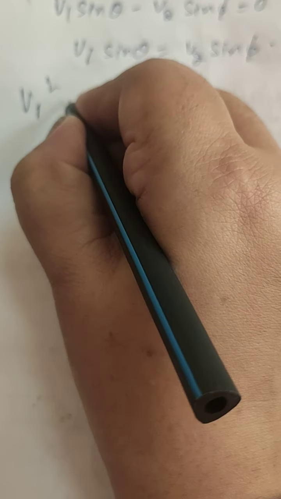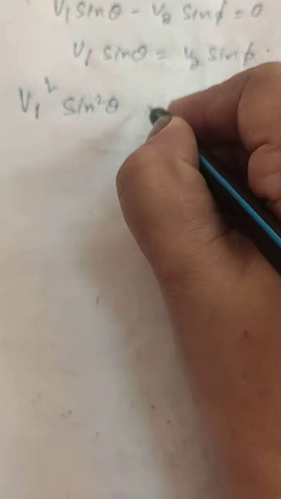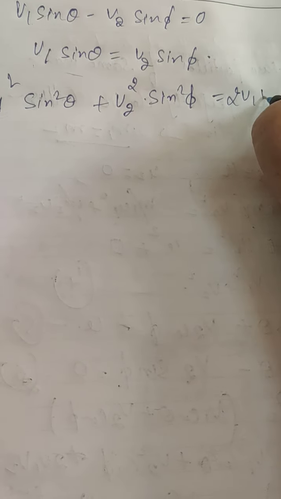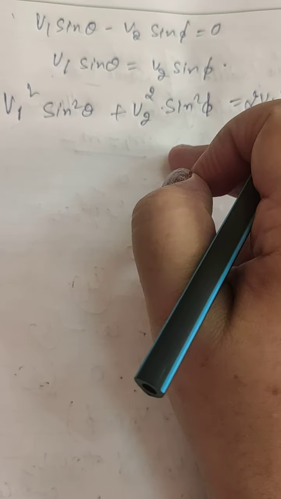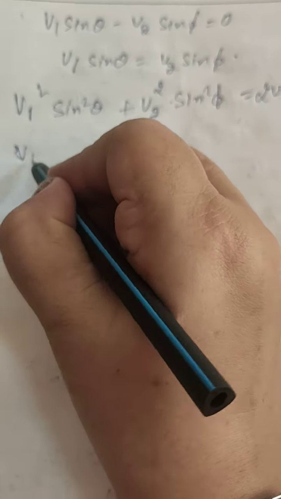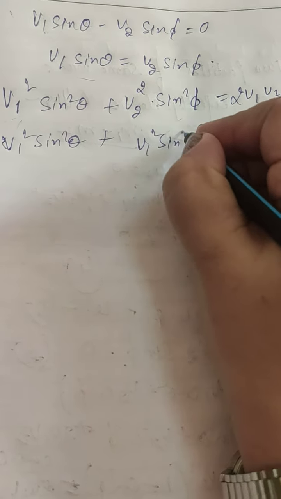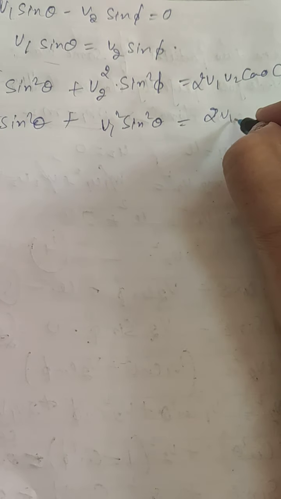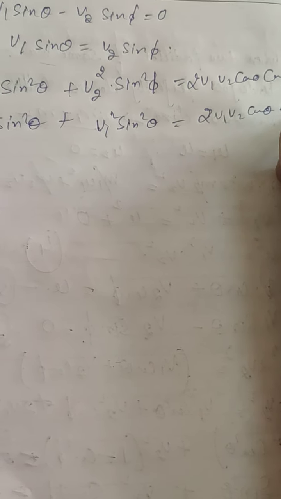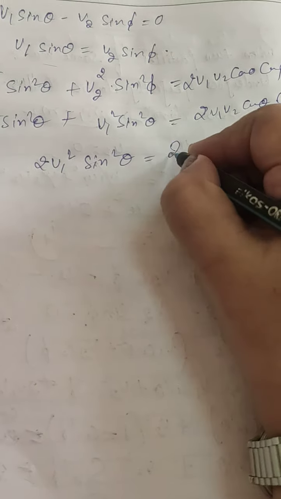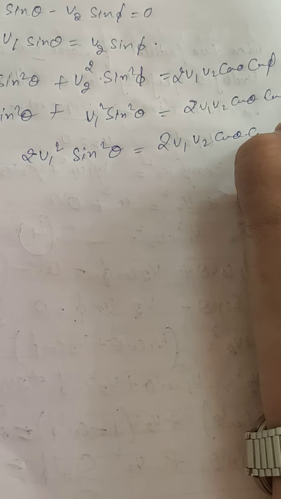I am rewriting that equation: v1 square sin square theta plus v2 square sin square phi is equal to 2v1 v2 cos theta cos phi. So putting v2 sin phi is equal to v1 sin theta, we get v1 square sin square theta plus v1 square sin square theta is equal to 2v1 v2 cos of theta cos of phi. So that becomes 2v1 square sin square theta is equal to 2v1 v2 cos of theta cos of phi.